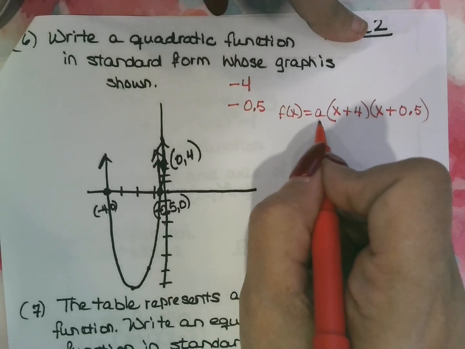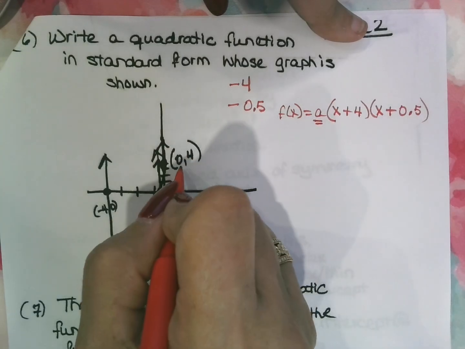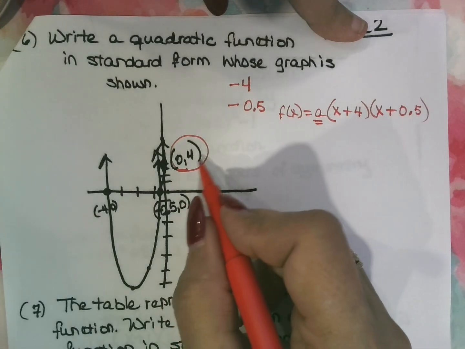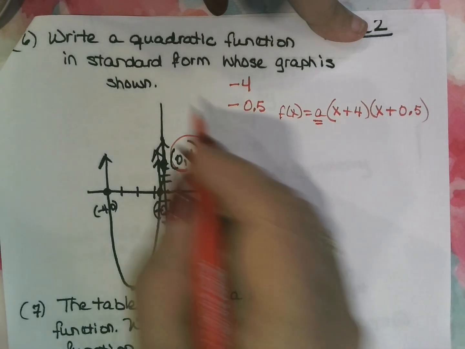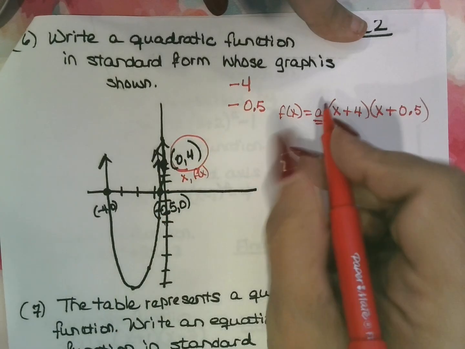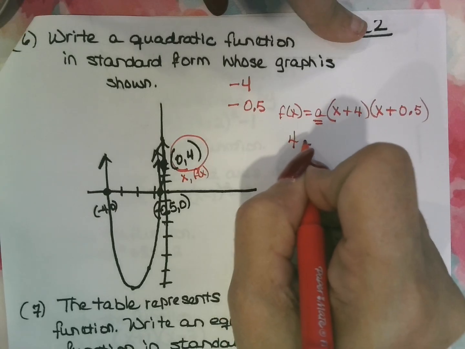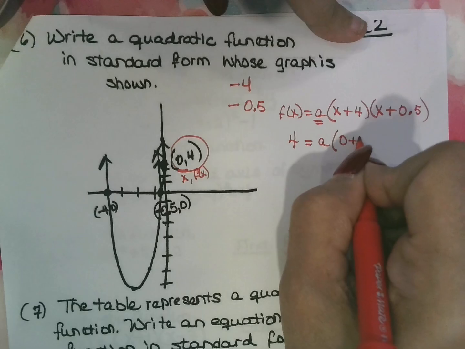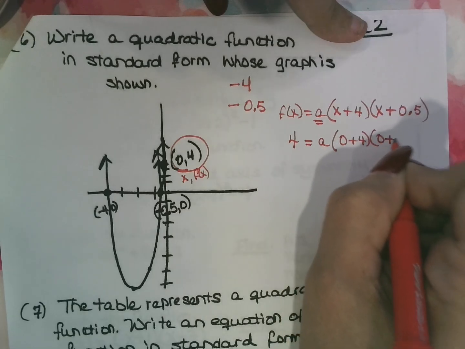We need to figure out what a is, and that's where this point is going to help us. That's going to be our random point at (0, 4). So remember, this is x and this is f of x. So for f of x, I'm going to put a 4, and x is going to be 0. So 0 plus 4, 0 plus 0.5.